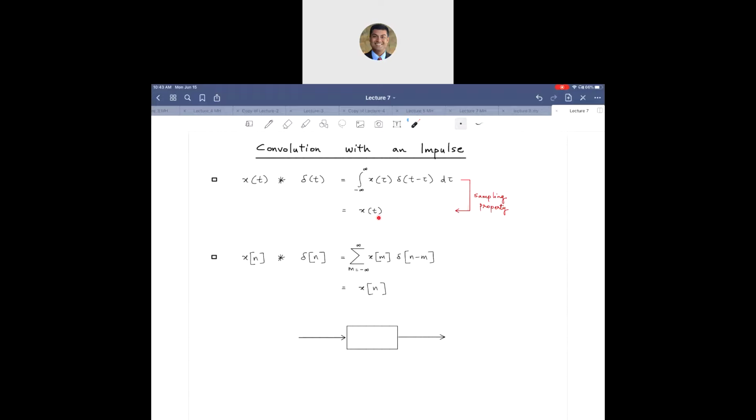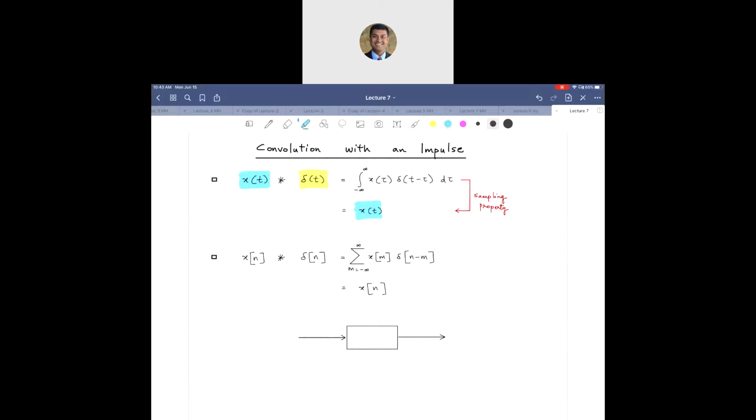That's the sampling property we have seen in lecture 3, 4 earlier. So the point to be noted here is, if you convolve anything with an impulse function, you get back the same thing. X of t, any arbitrary function of time convolved with an impulse, you get back the same output, x of t.